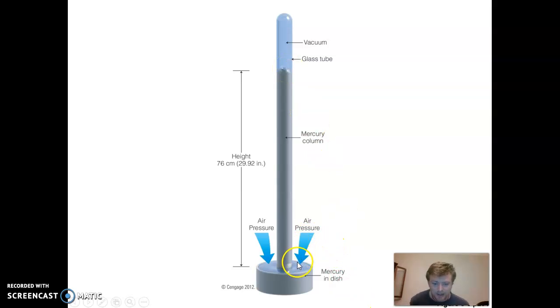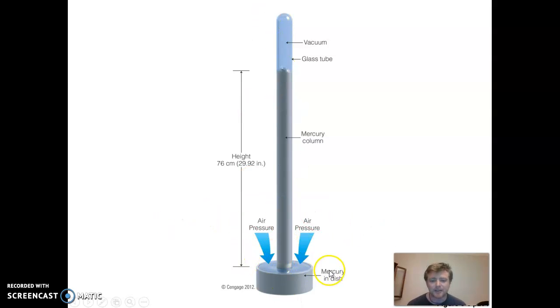As the air pressure increases, since pressure is force over area, it's going to exert a stronger force, and it's going to push this mercury up until the force of gravity stops it. The force of gravity of all the mercury that's above. That's kind of like our atmosphere. We might have more pressure at the bottom, trying to push up, but there is a force of gravity pulling this back down.